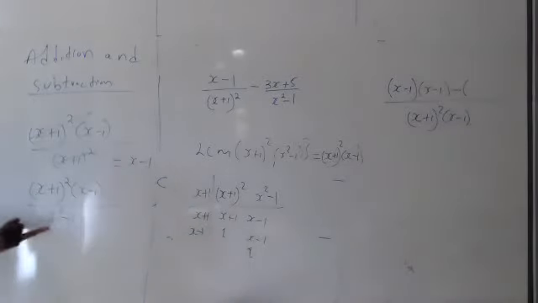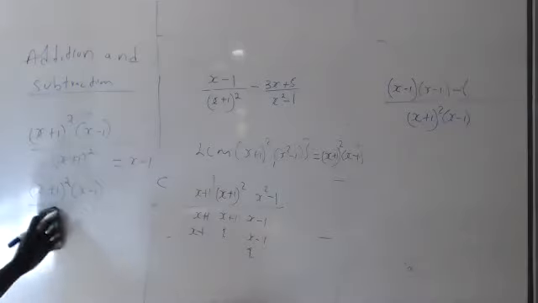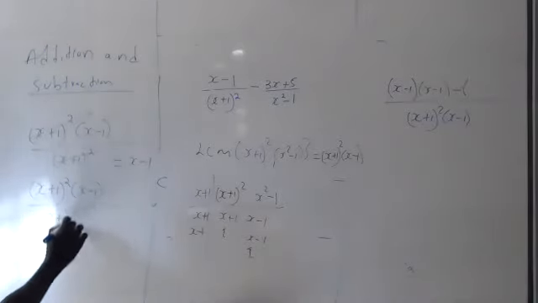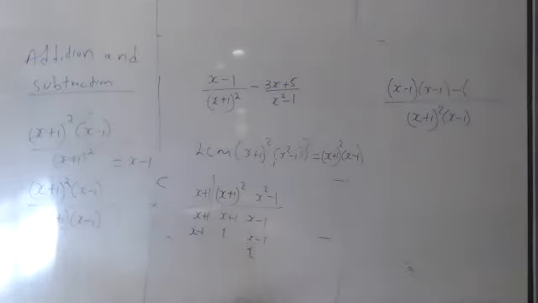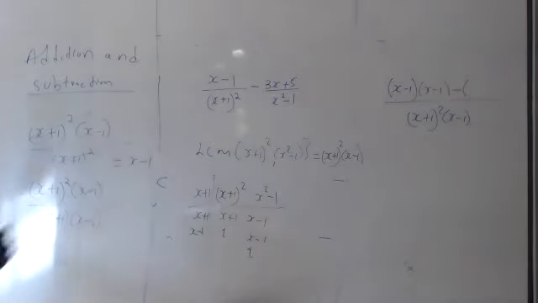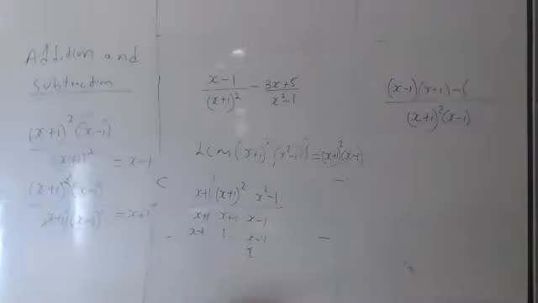Remember, this is a difference of 2 squares, so you can factor it as a sum and a difference product. So x squared minus 1 is the same as x plus 1 times x minus 1. Then just cancel out the common factors, x minus 1 with x minus 1, and x plus 1 will cancel one x plus 1, and you remain with x plus 1.